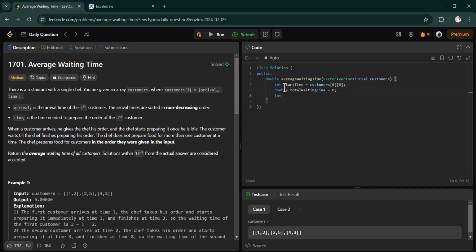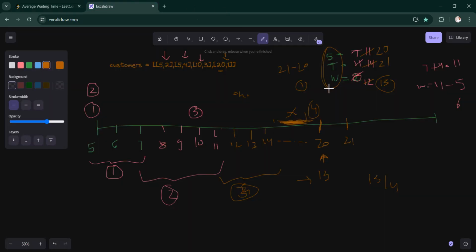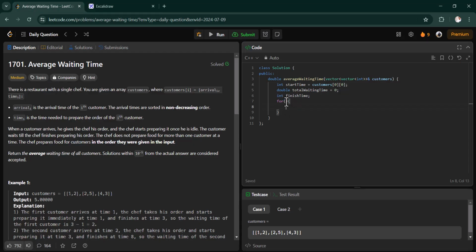Now we take int finish time. We have taken three variables which we were dealing with in our explanation, and the same thing we will write in our code. So for each customer, int i = 0; i < customers.size(); i++.